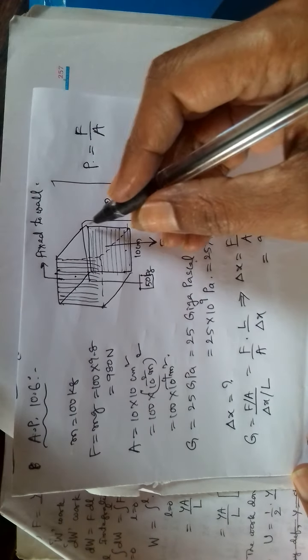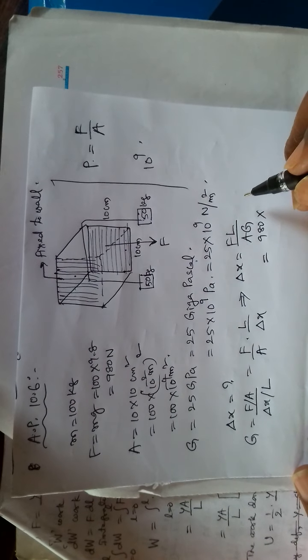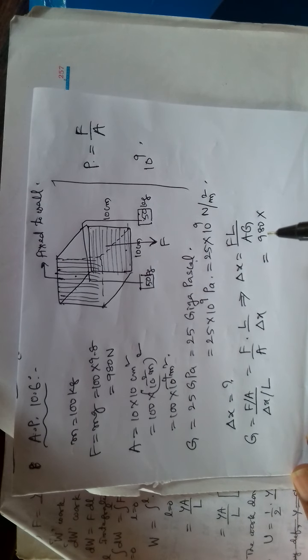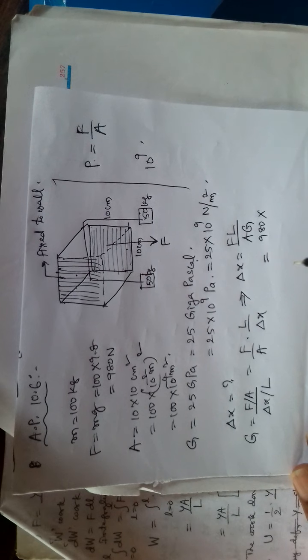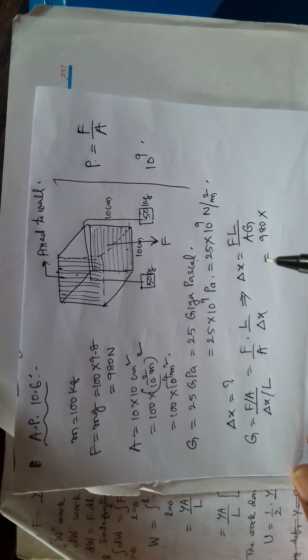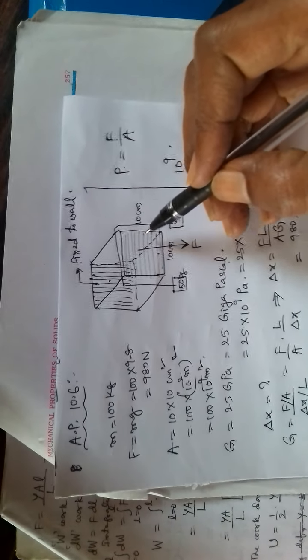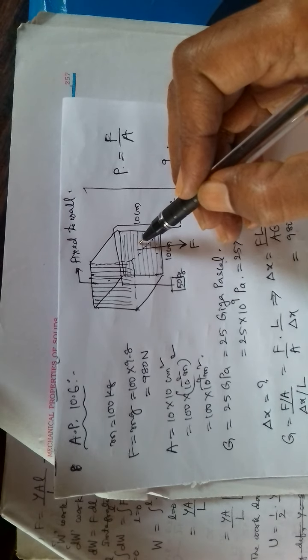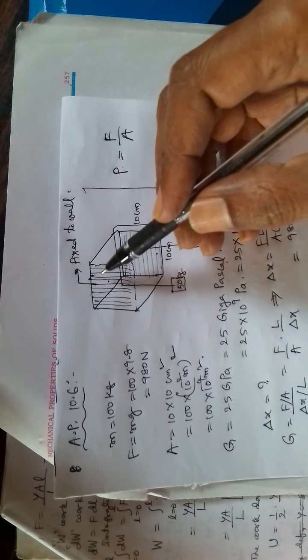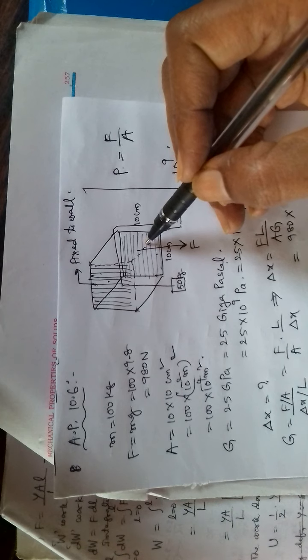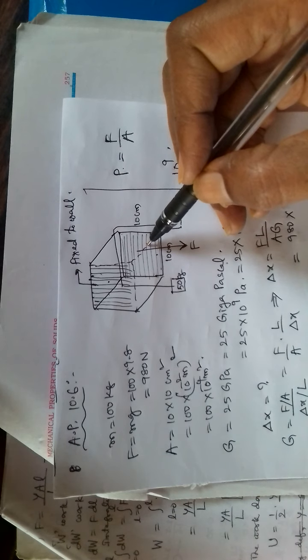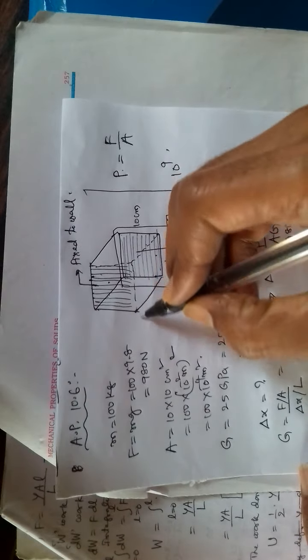So substituting the values, force is 980 newtons. L value 10 centimeters. L is taken as the perpendicular distance between two opposite faces. See, this face is displaced relative to this face. This is fixed, this is moved. So what is the perpendicular distance between this face and this face?